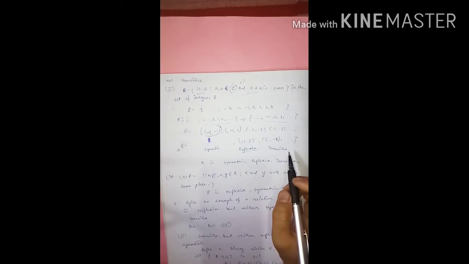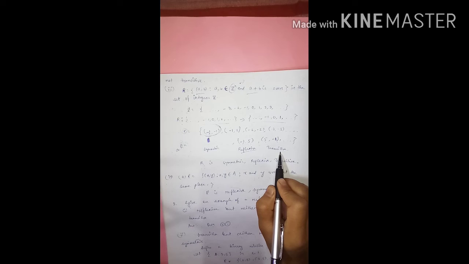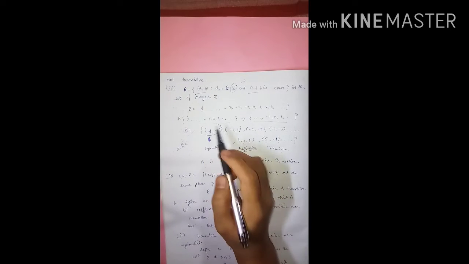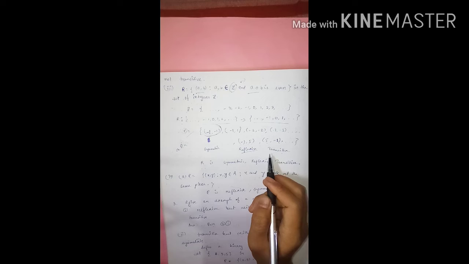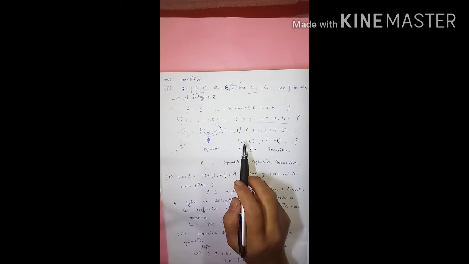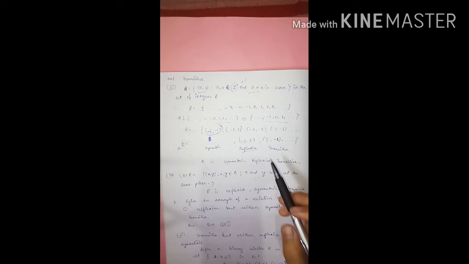Now we have to check whether this is transitive. For transitivity, we have to take two elements in R, and then these two elements should imply another element in this relation. If we satisfy this condition, then R will be transitive. So let's check.